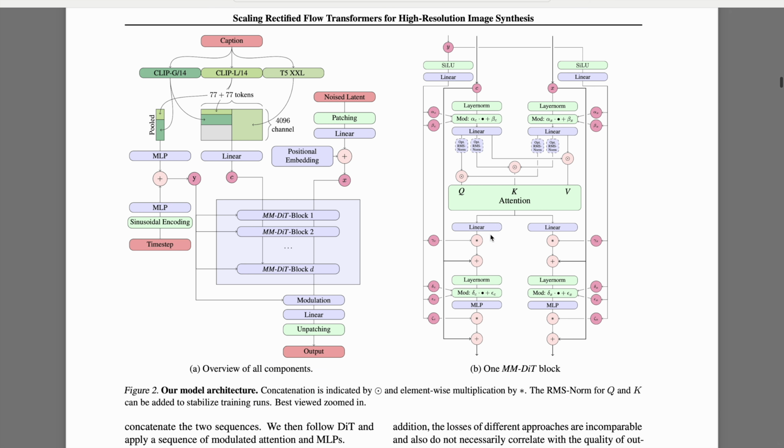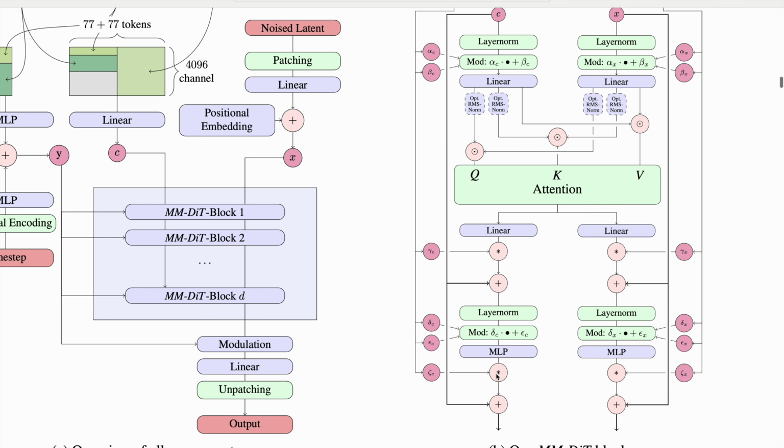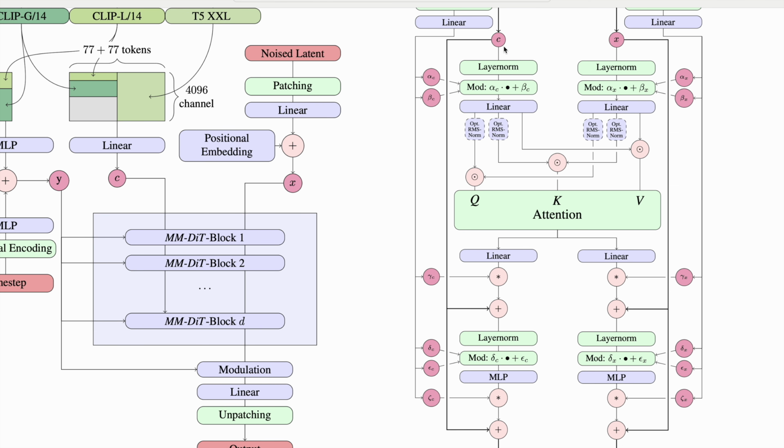Then there is a post-attention branch, independent again after the attention, where each signal is processed independently. So the context conditioning is modified through the network just as the signal.